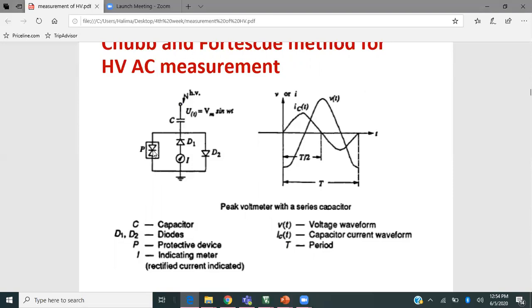Whenever a capacitor is connected to a sinusoidal voltage source, the charging current is generated and the meter reading is proportional to the value of Vm, where Vm is equal to 1 over 2 pi f C. It will be a DC current which will be read by the meter, and C is the capacitance of the capacitor here. So this method is known as the Chubb and Fortescue method for the peak voltage measurement.